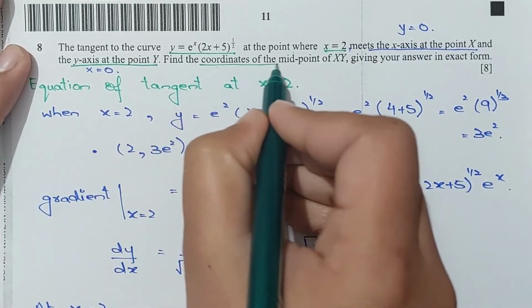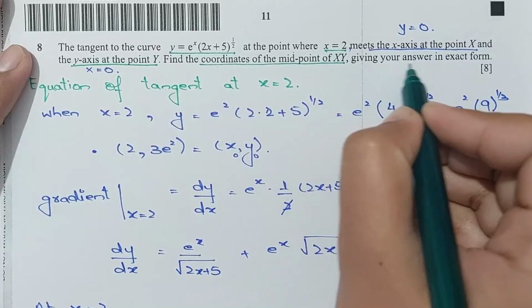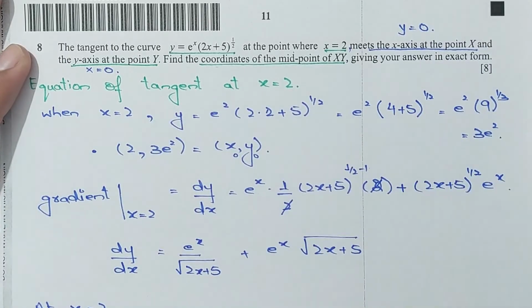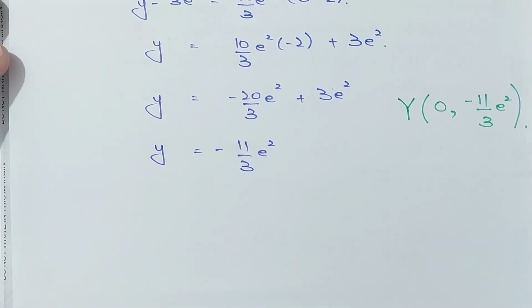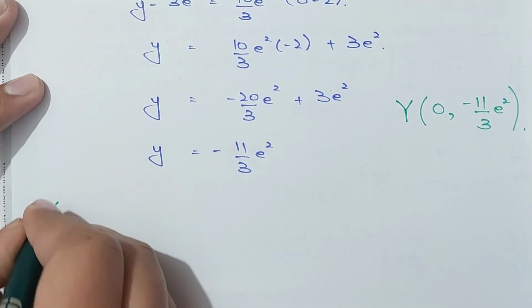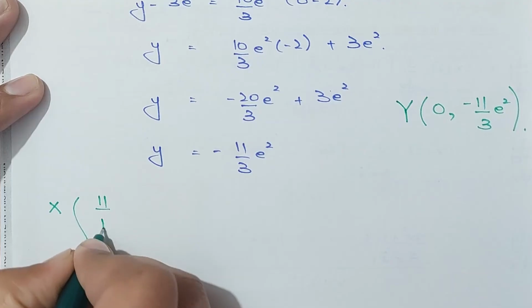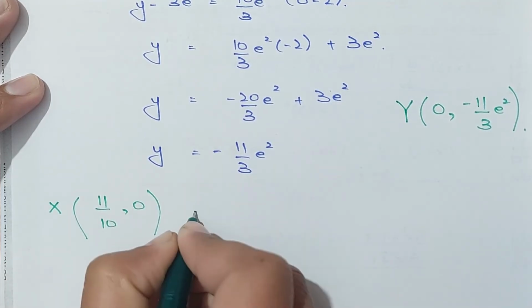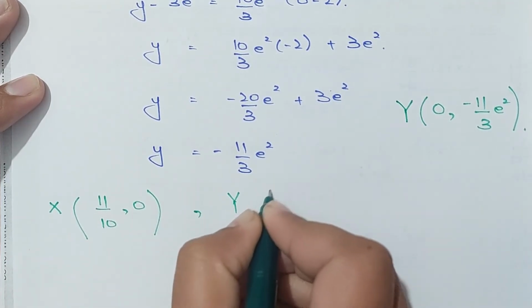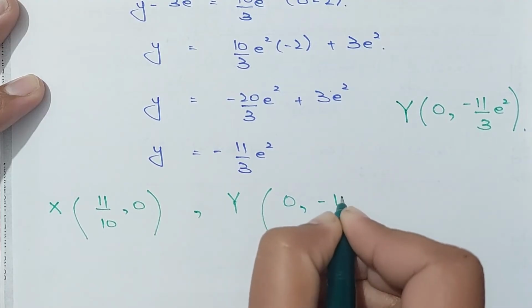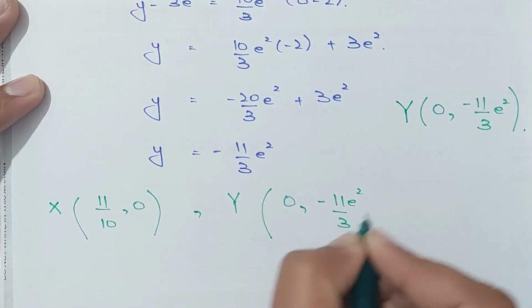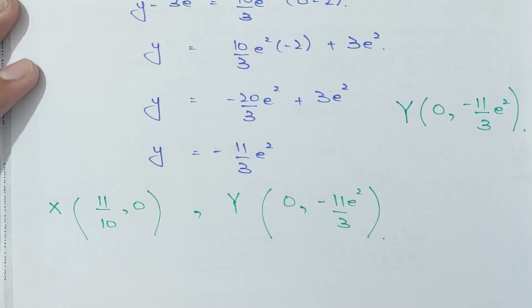Read the further question. Find the coordinates of the midpoint of XY, giving your answer in exact form. We have to find the midpoint of XY. Now we have X, which is 11 over 10 and 0, and we have Y as well, which is 0 and minus 11 over 3e squared. We have X and Y both.